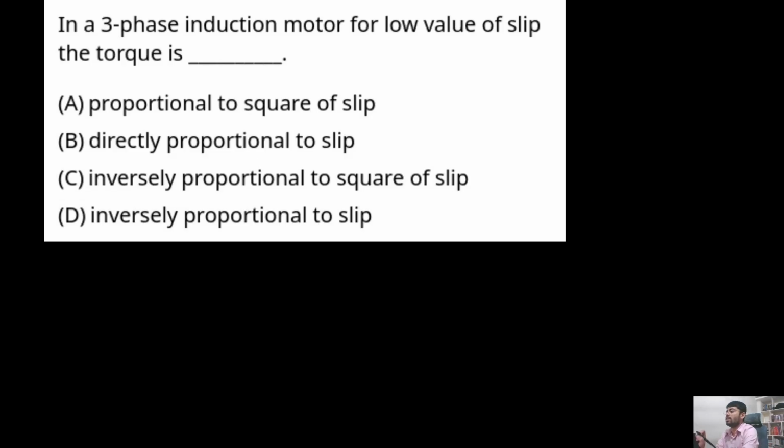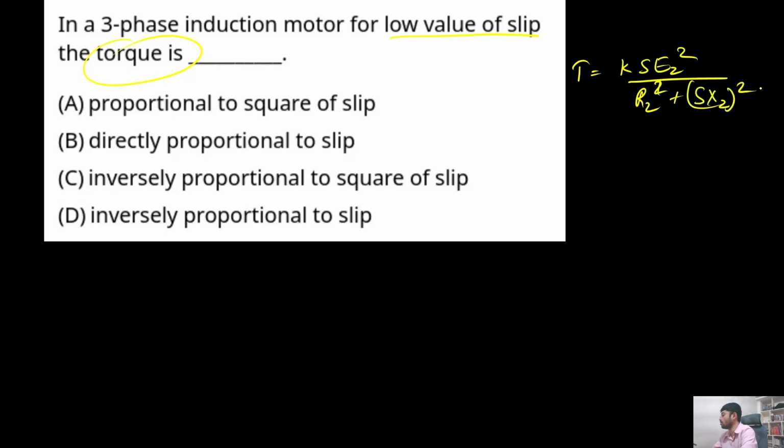In a three-phase induction motor, for low value of slip, the torque is. So we know the torque is equal to K s E2 square R2 by R2 square plus sX2 whole square. You have to remember this formula.